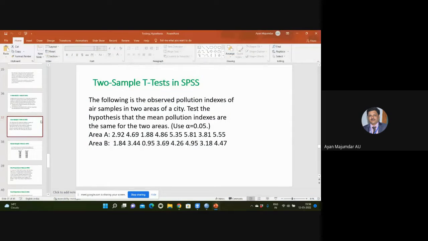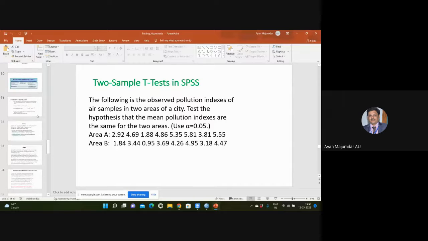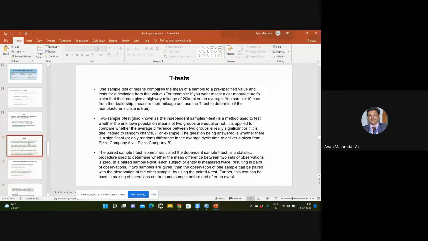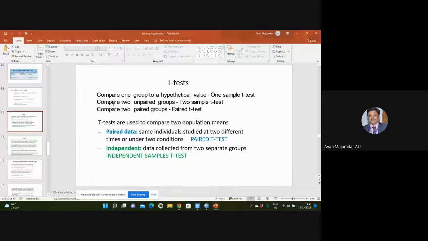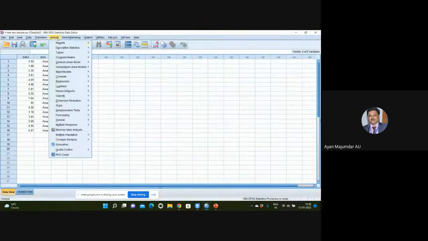We are basically doing this one, two unpaired groups. So Analyze, Compare Means, Independent Samples T Test.